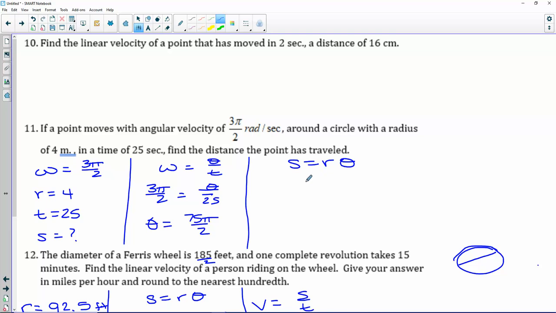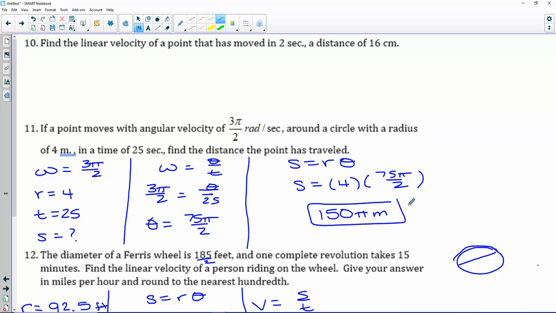So then we can do S equals r theta. My r is 4 times 75 pi over 2. That gives us 150 pi. S is a distance, so its unit is always like our radius. So it'd be 150 pi meters.